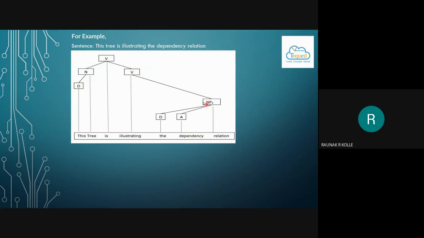And then the subverb is split up into a noun phrase, which consists of the determiner, adjective, and the noun phrase itself. The dependency grammar can be thought of as a central element where the surrounding elements are linked with respect to that element.